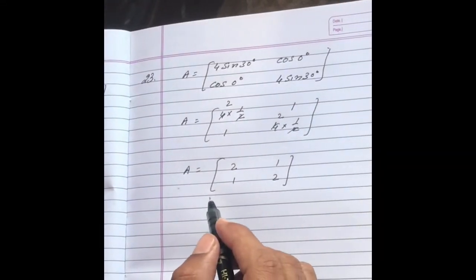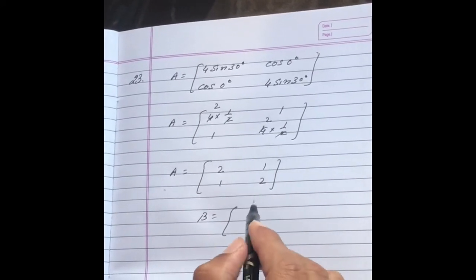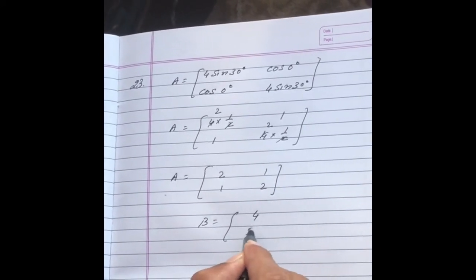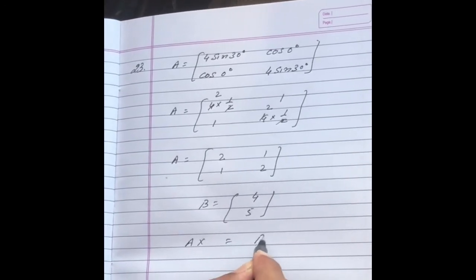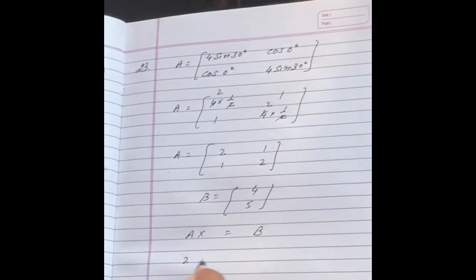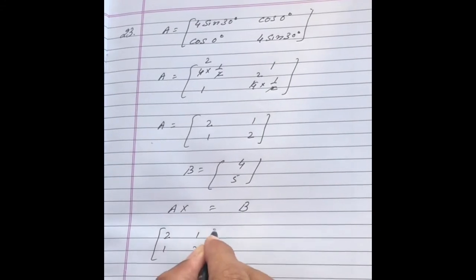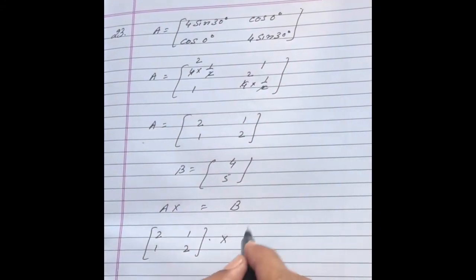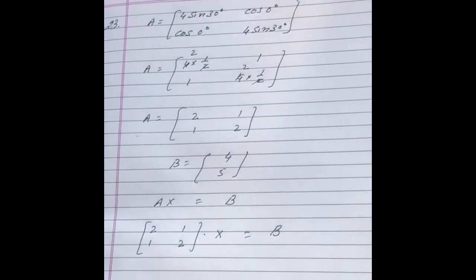Now B is also given: 4, 5. So AX is equal to B. A is 2, 1, 1, 2 into X is equal to B. Now I write the orders.